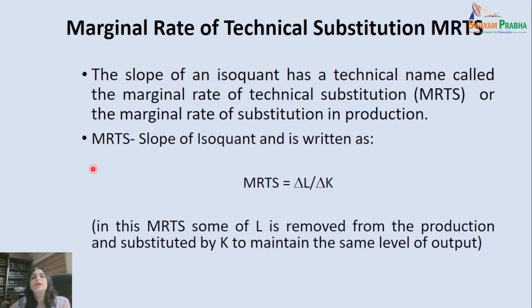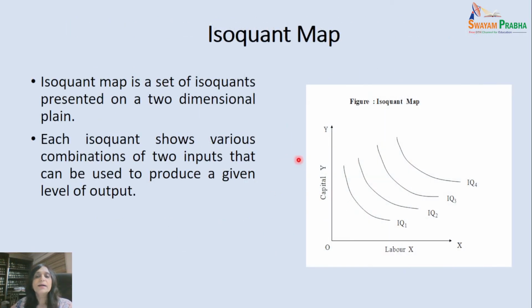That change, which is the change in one input divided by the change in the other input, is called the marginal rate of technical substitution. Delta L by delta K, we also say, is the marginal product of labor divided by the marginal product of capital. Okay. Now this particular figure that you see is indicating an isoquant map.